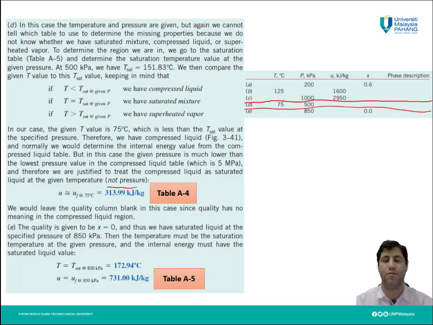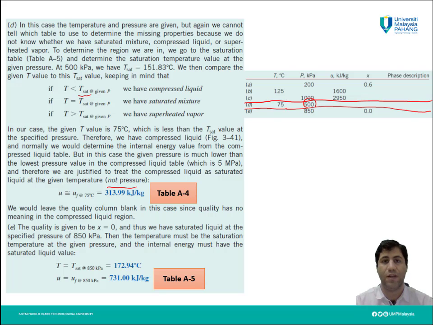the temperature. So we go to table A4, and for this temperature we need to read saturation temperature. Or vice versa, you can go to table A5 and see the saturation temperature for this pressure. We have pressure 500, then we should find T saturation for this pressure.